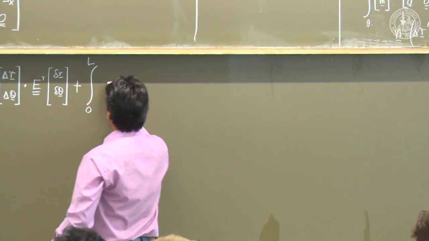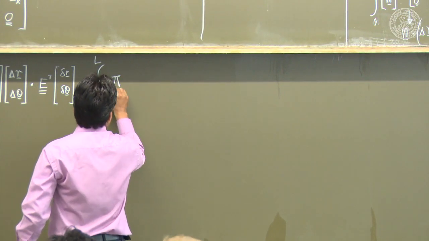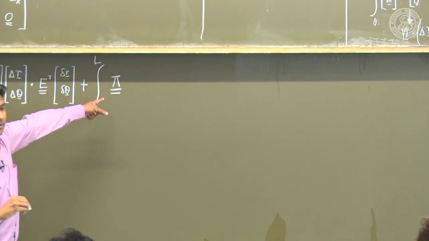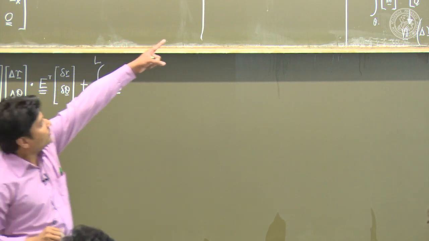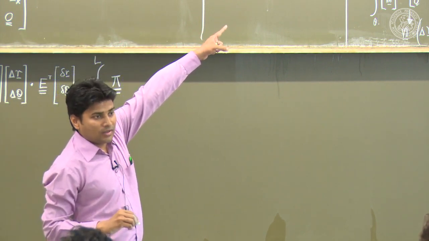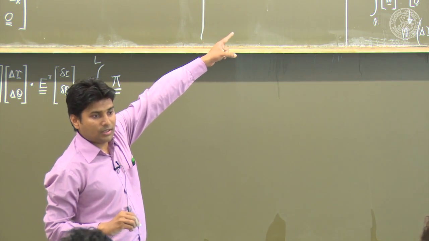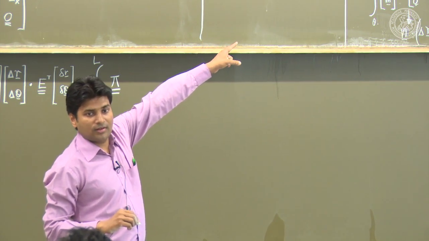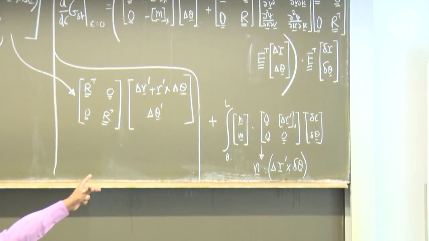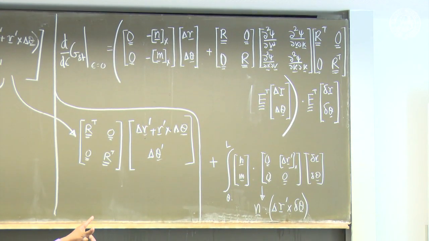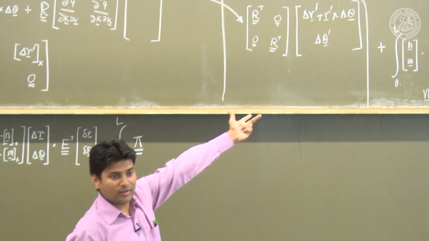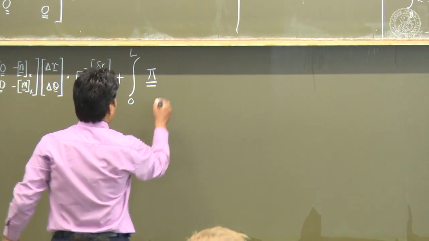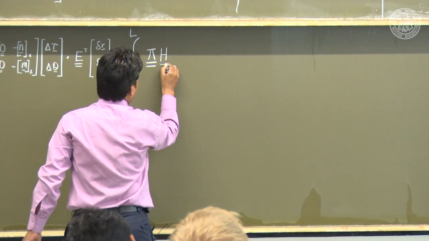So that becomes the 6 cross 6 pi matrix of rotation times, you see that second derivative, that's actually the elasticity tensor for rods, which contains the information of stiffnesses. So I am going to write that as h, pi times h.